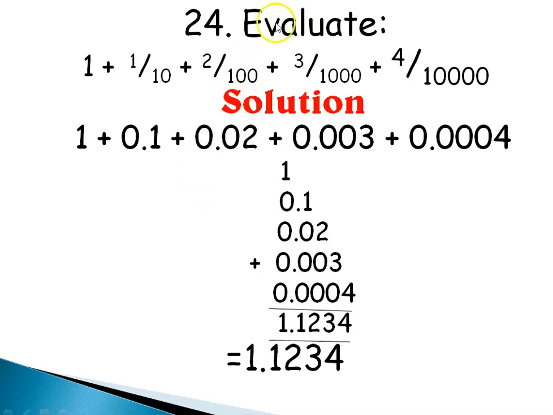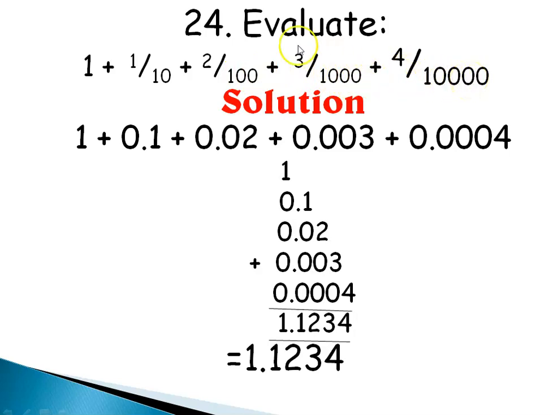Okay, question 24 says evaluate 1 plus 1 over 10 plus 2 over 100 plus 3 over 1,000 plus 4 over 10,000.